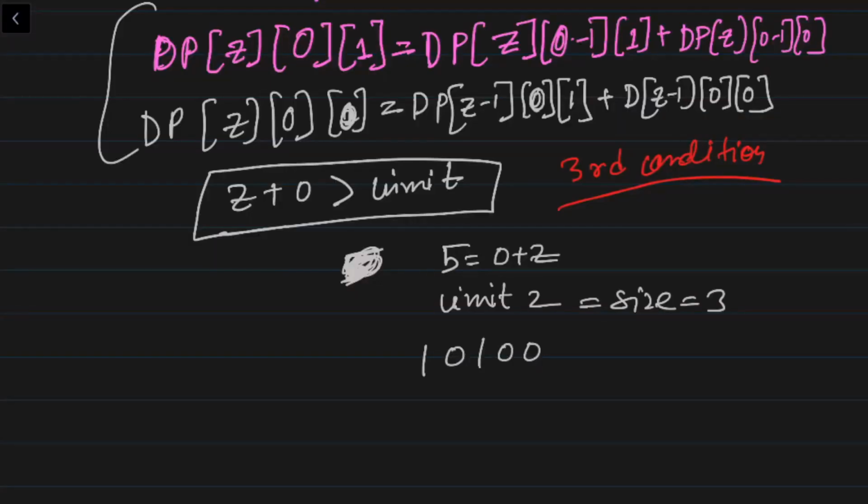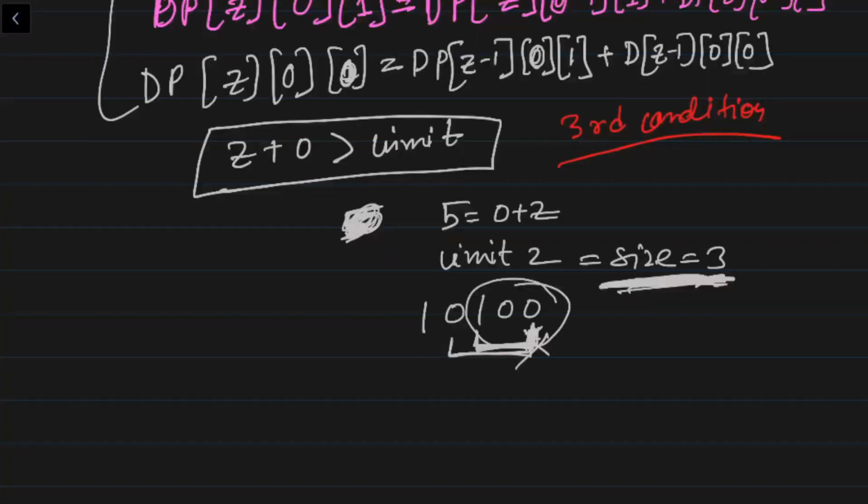So whenever there is size 3, we have to make sure that if we look into the size right here, we have both 1 and 0. So this is valid.